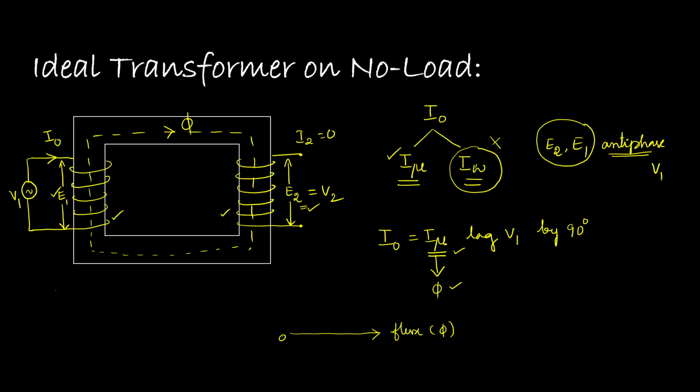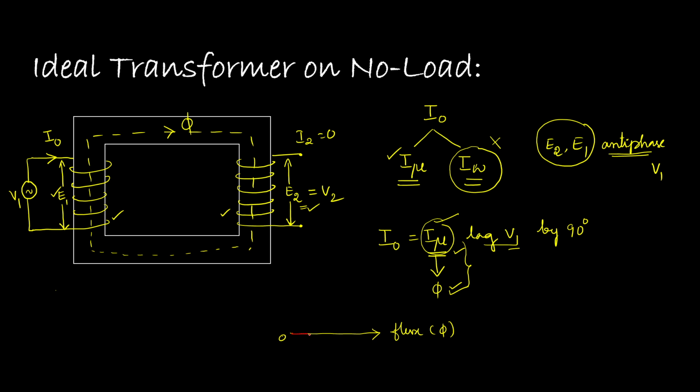So as the flux is common for both primary and secondary windings, you have to take flux as your reference. Right. Now, the first point: this Imu, the magnetizing component of current, will lag the voltage V1 by 90. Before that, we will include the second explanation that we discussed a bit back.